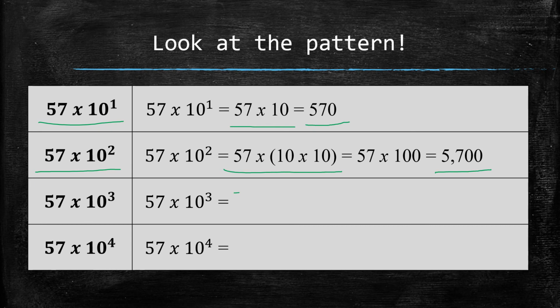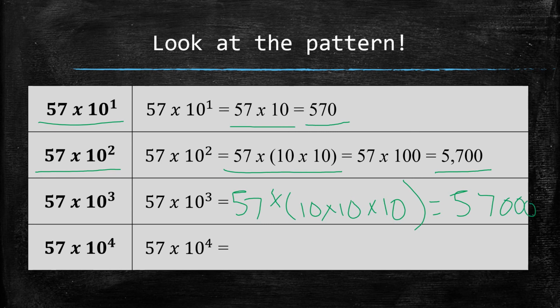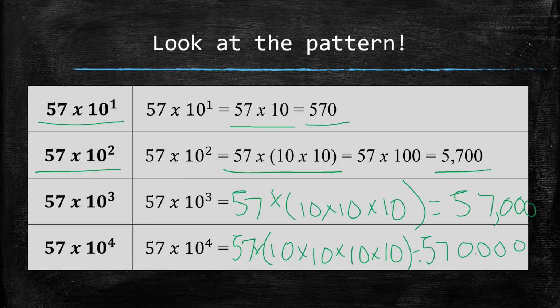So 57 times 10 to the third power would be 57 times 10 times 10 times 10, which is equivalent to 57 times 1,000, which would give you 57,000. And finally, 57 times 10 to the fourth power would give you 57 times 10 times 10 times 10 times 10, which is equivalent to 570,000.